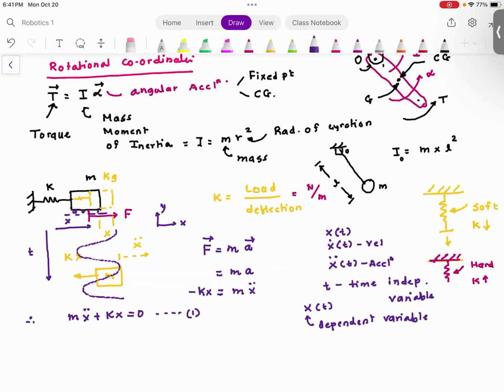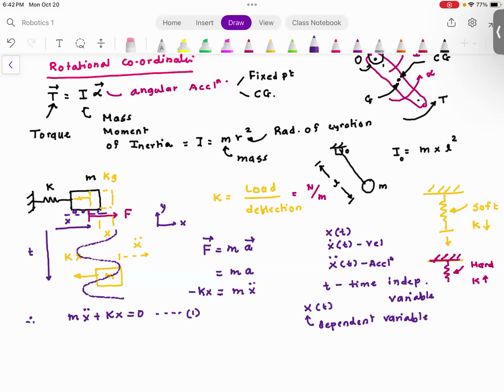If the differential equation is linear, what do I mean by linear? Linear means one burger for $1, 2 burgers for $2. This is m x double dot plus k x is equal to 0. It is not k x square. It is not m x double dot multiplied by x. It is not m x double dot multiplied by x dot. Can you see this is a linear term?